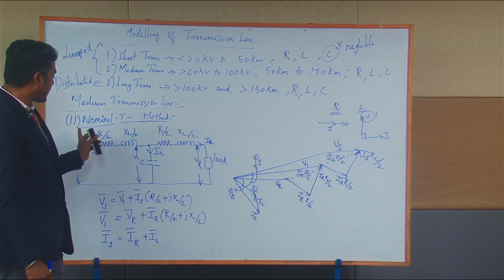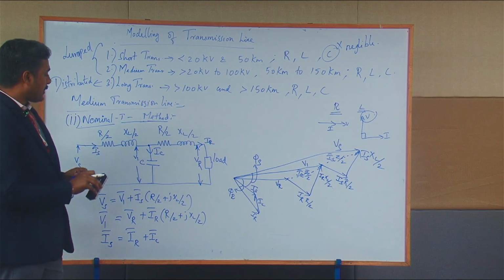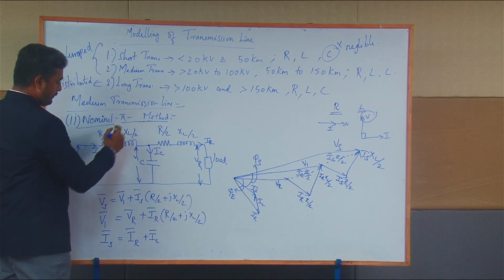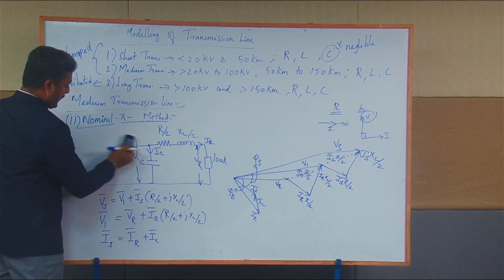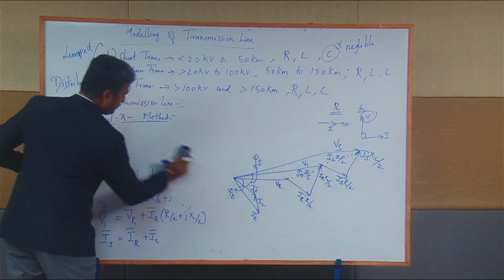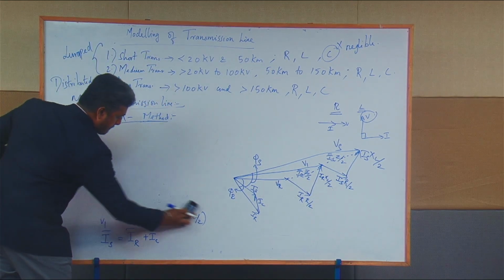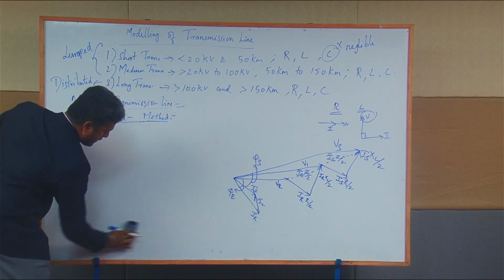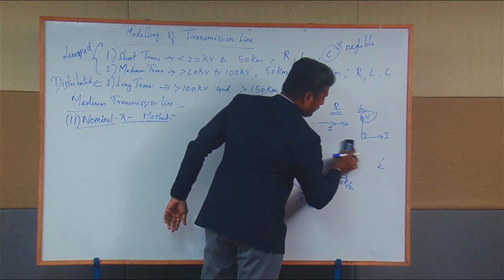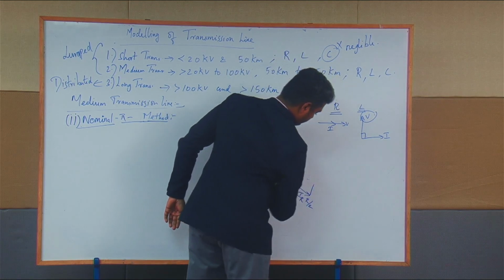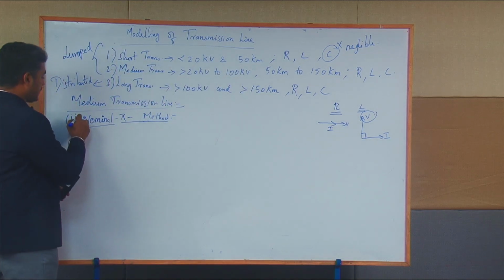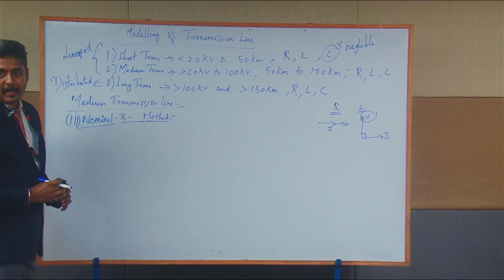Okay, this is the second methodology. Moving on to the third method, that is the nominal pi method.